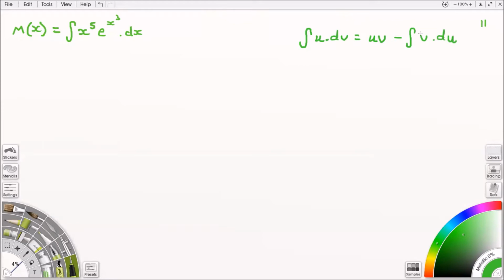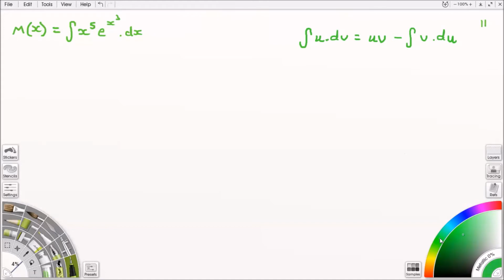Let me just make sure I got that right. The textbook. Yep. Pretty much what this is saying is we have to select a u term and a dv term, and then find the integral of dv to get v, and then find the derivative of u to get du, and then we can sub in all those values to actually integrate our function here.